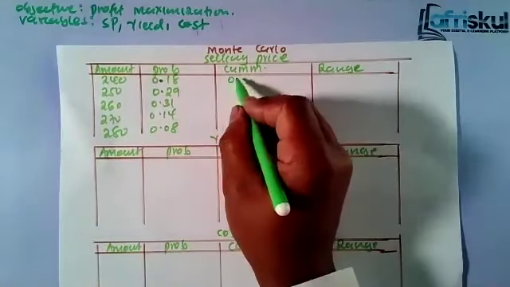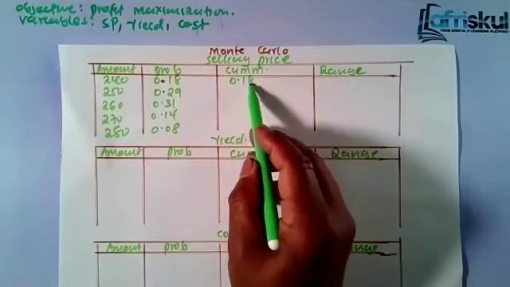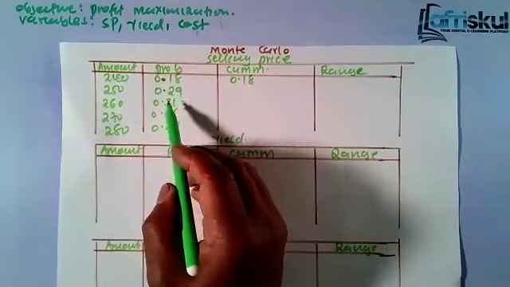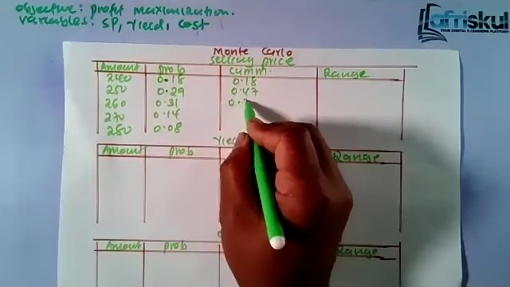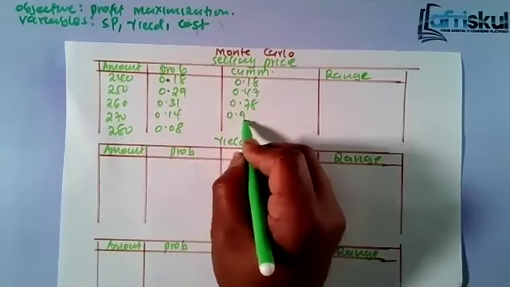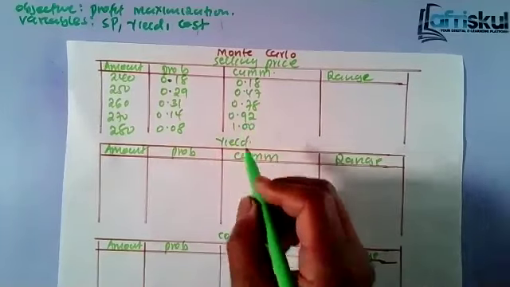Then let's cumulate. 0.18, you add 0.29, you get 0.47. That one you get 0.78. That one is 0.92, 1.00.